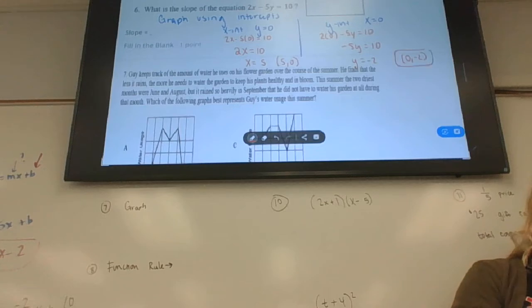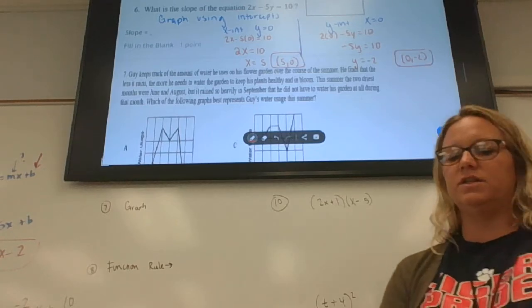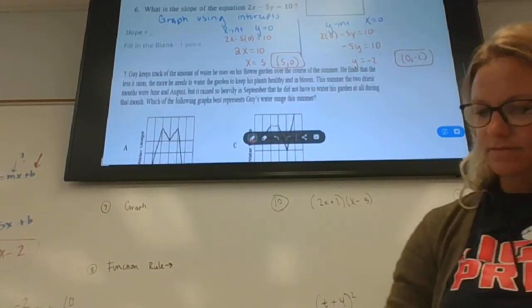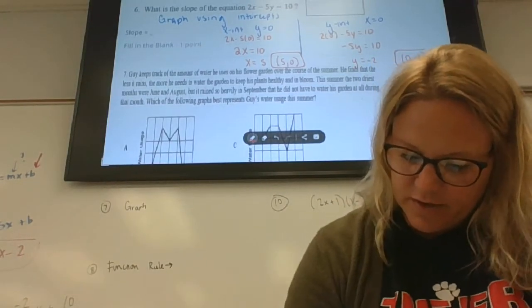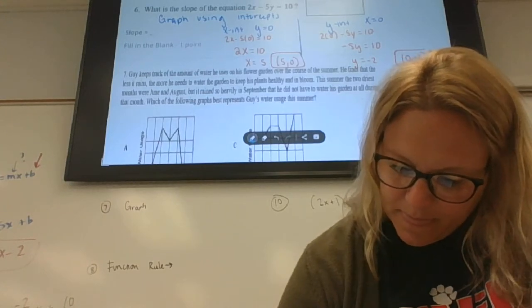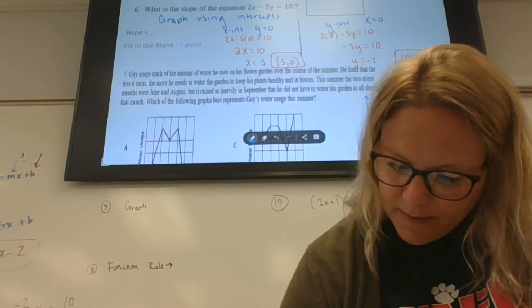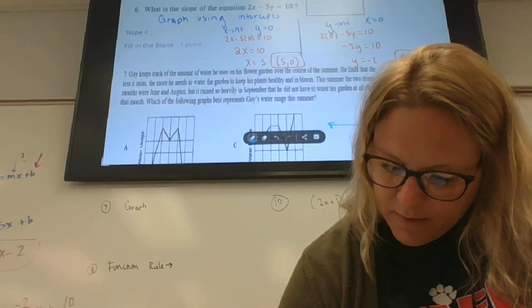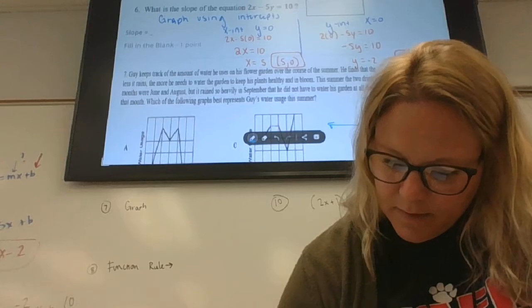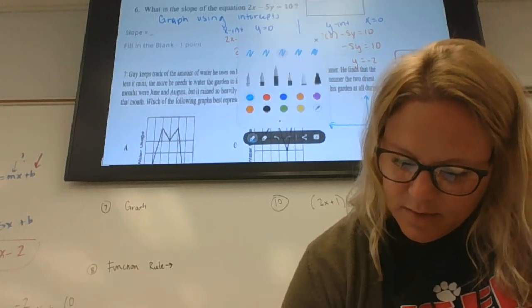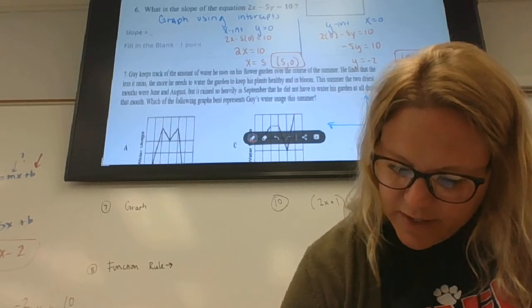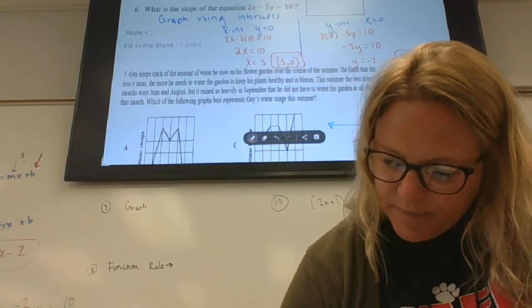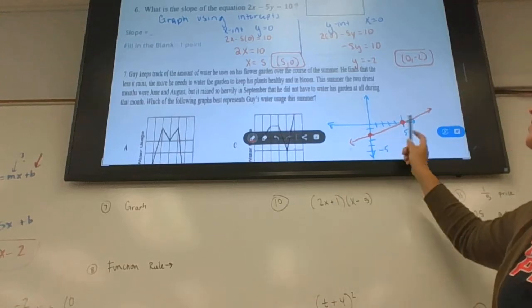So I could draw a graph with these intercepts and count the slope after. I'll draw a graph right here. So this is 5, 0, and 0, negative 2. And then you can count the slope was up 2 over 5.